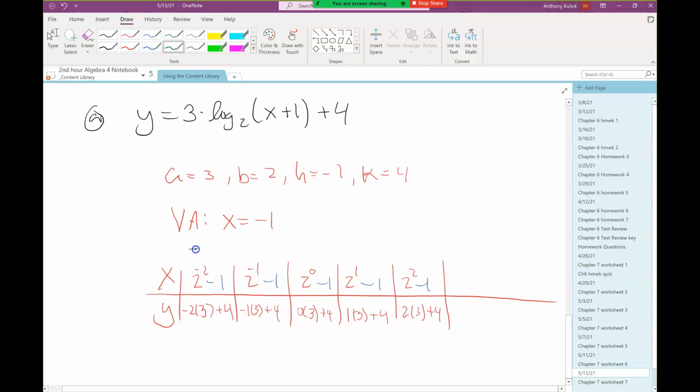So when I simplify this, I get x-values of negative 0.75, negative 0.5, 0, 1, and then 3. And the y-values are negative 2, positive 1, 4, 7, and 10.